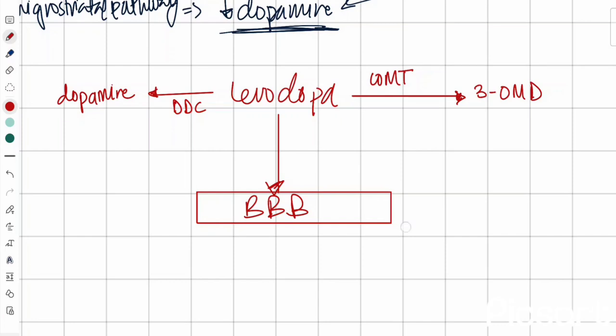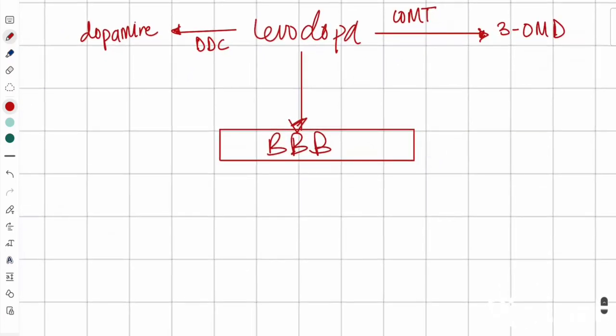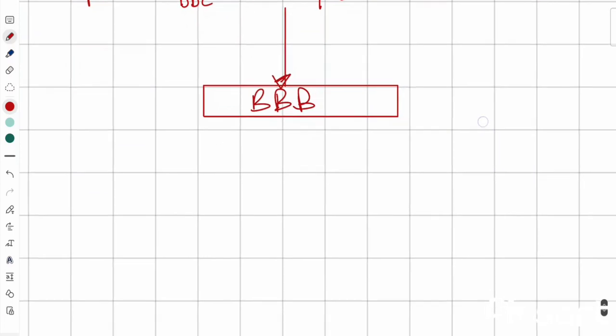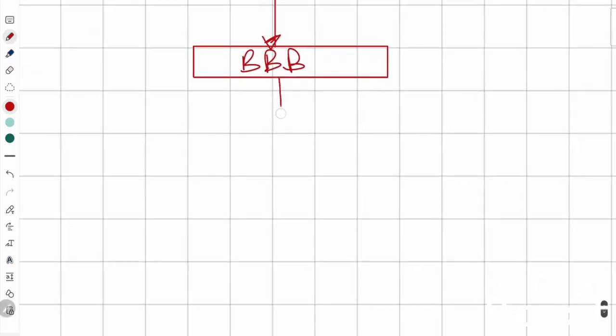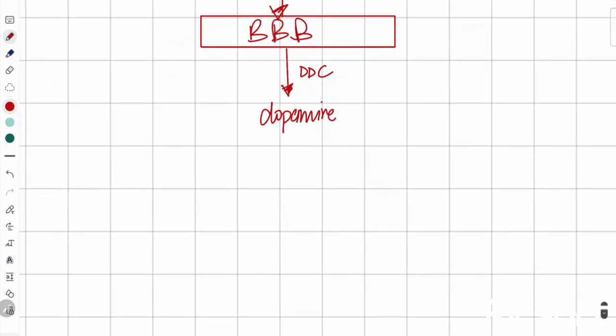We're going to come back to that later on. Then once levodopa has entered the CNS, it is going to convert into dopamine. Now we really do want it to become dopamine, because now we are in the central nervous system.